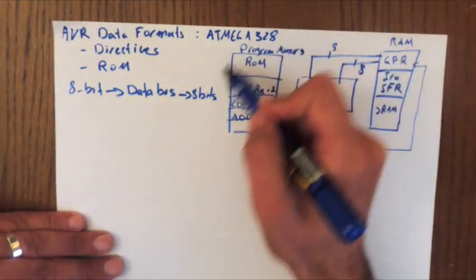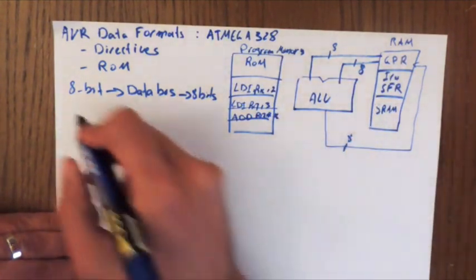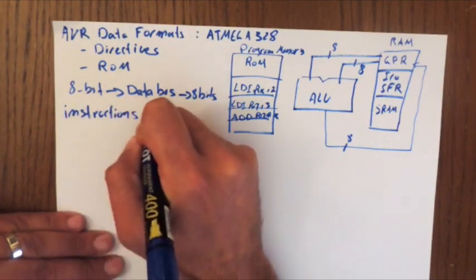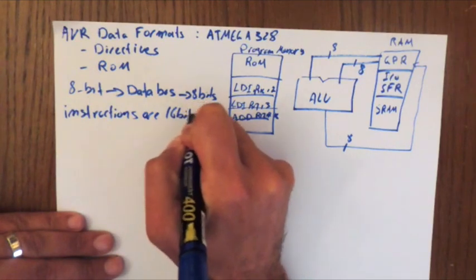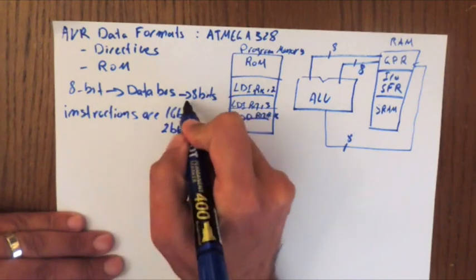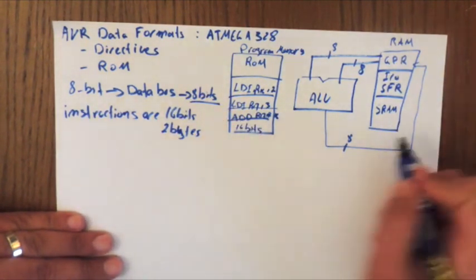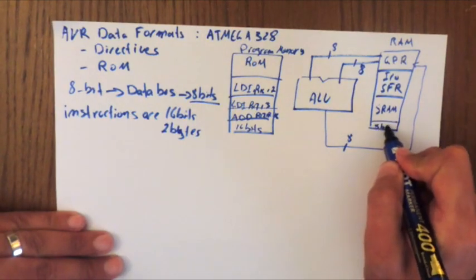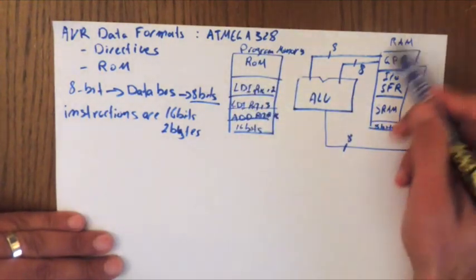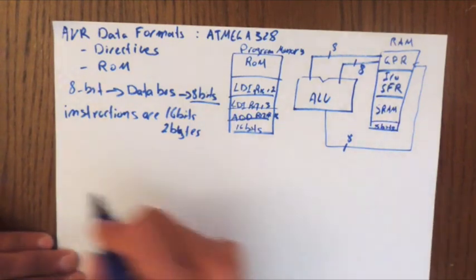So all my program resides in the ROM, and the instruction is 16 bits, 2 bytes, whereas the data is just 8 bits. So this is the difference between the ROM and the RAM: we have the program here, and our data here. Alright, so now let's talk a little bit about some data representation.